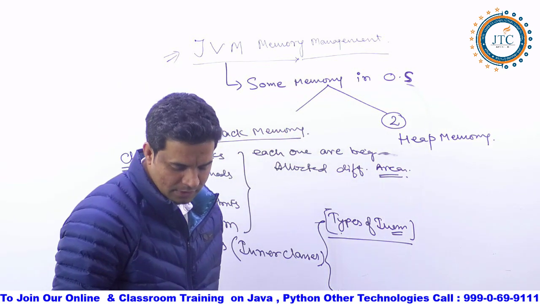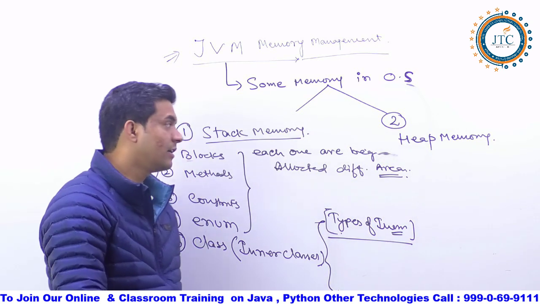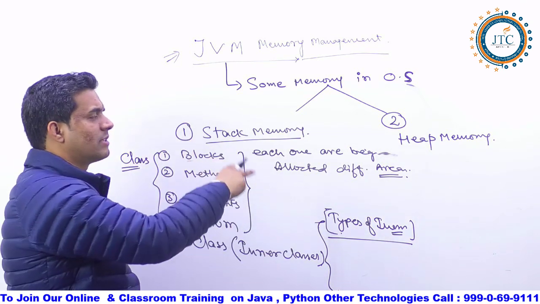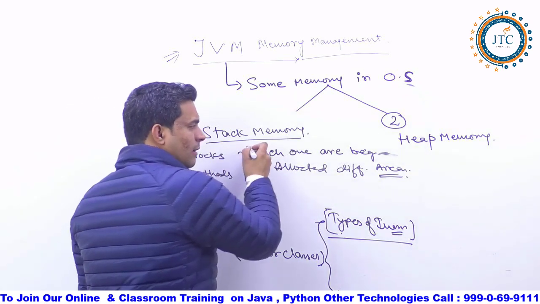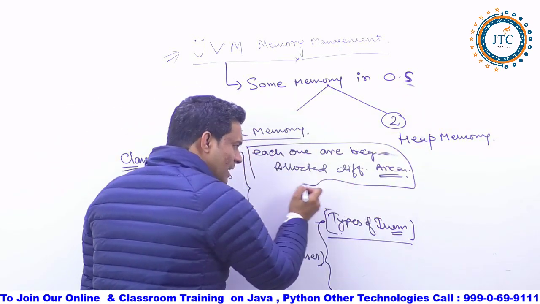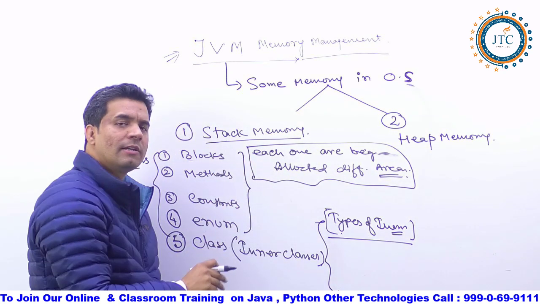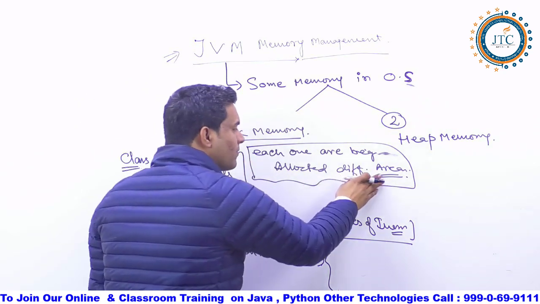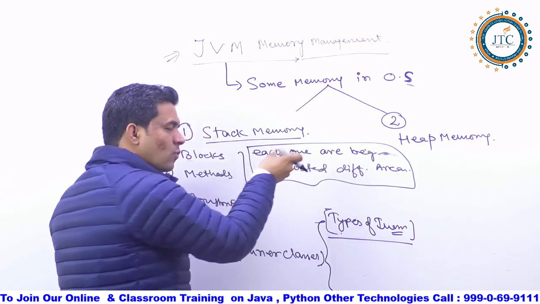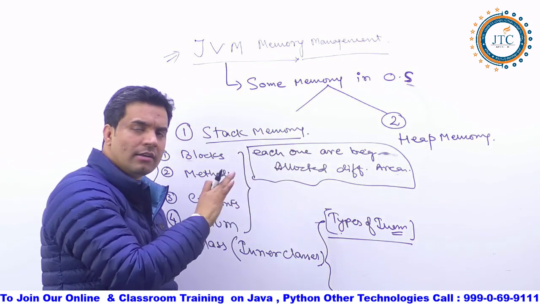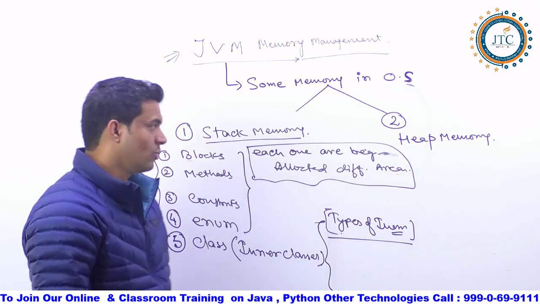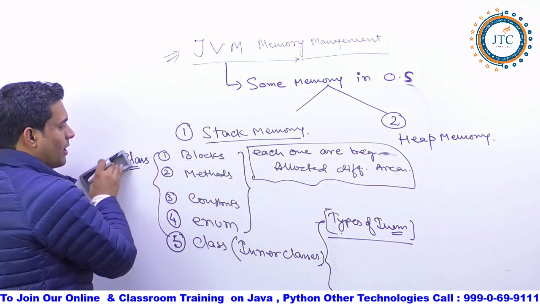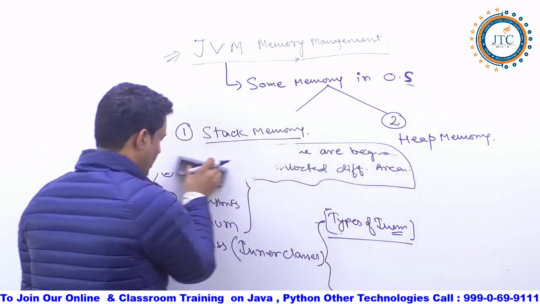Different areas, different things are allocated for each one of these members inside the class, correct? At present, at the beginning of this memory management, I am not going into all of them, what it is and which memory it is going to get. All these things I am not going to talk about in this case, correct? So let's come to this first.